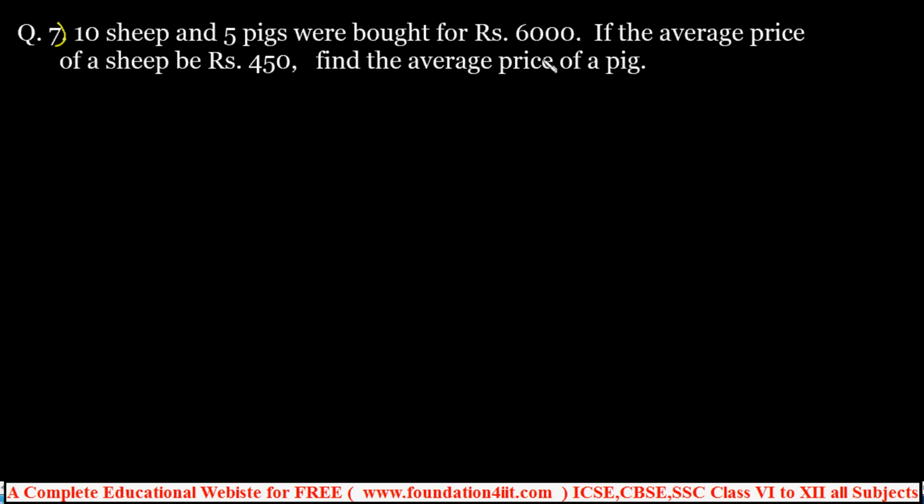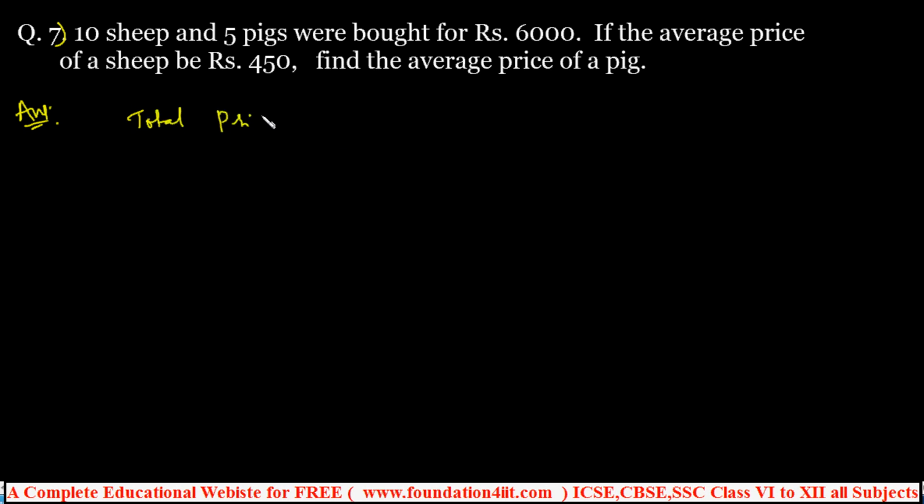So together the cost is given as 6,000. We need to find the average price of the pig, so first we should know the total price of the 5 pigs.